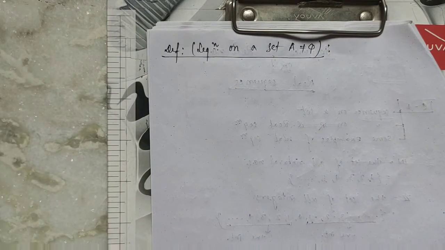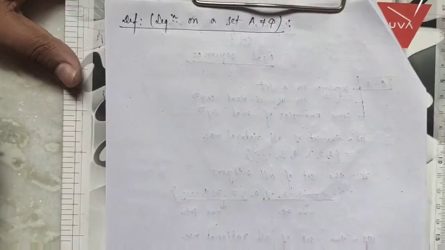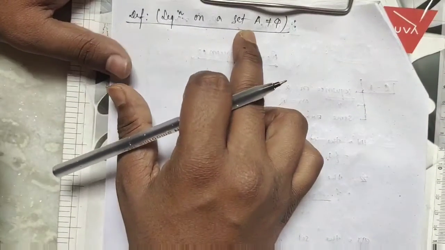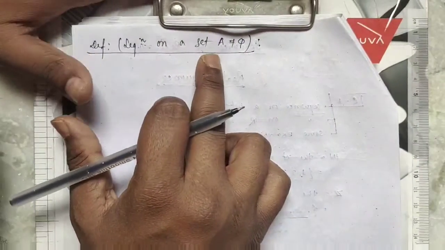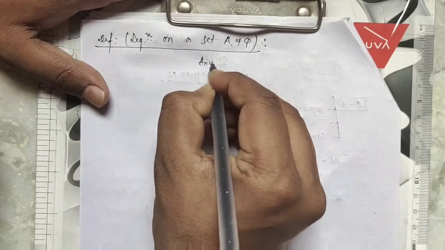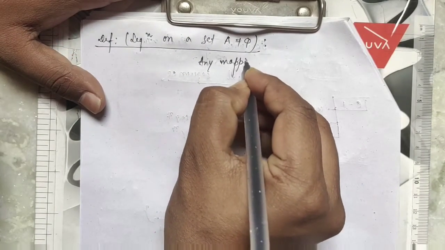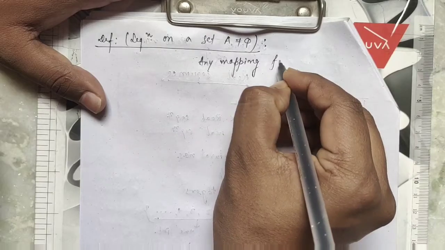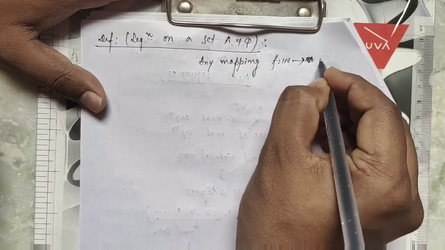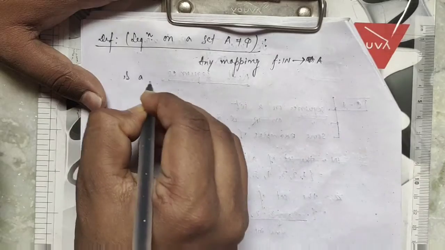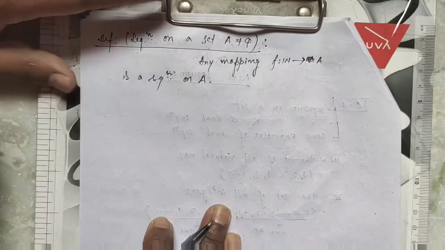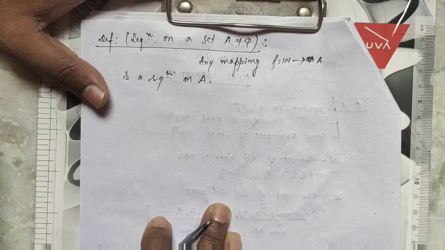A sequence on a set A is just a mapping from N to A. Any mapping f from N to A is a sequence on A.